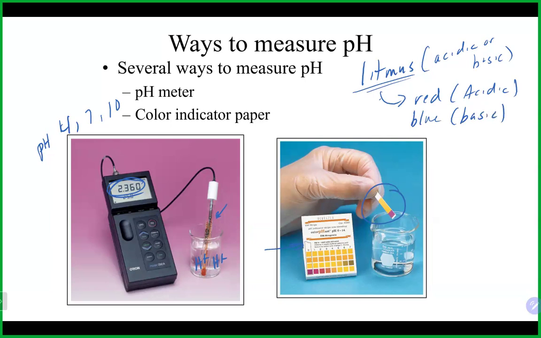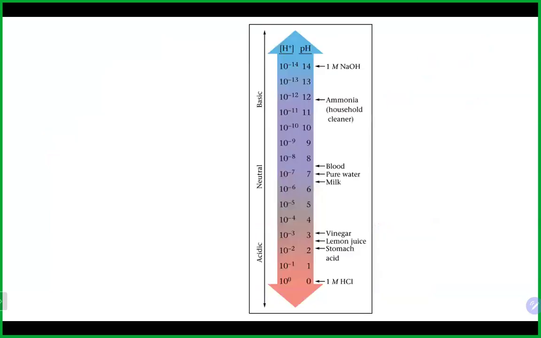Here's our pH scale, and as we talked about there, we see some strong bases up there, about 14, strong acid around 0. We have pure water around 7. By the way, the pH of water that's not pure water, maybe water that's been sitting out a while, actually will not be 7 because it'll pick up some carbon dioxide from the air, and that will increase the H plus concentration.